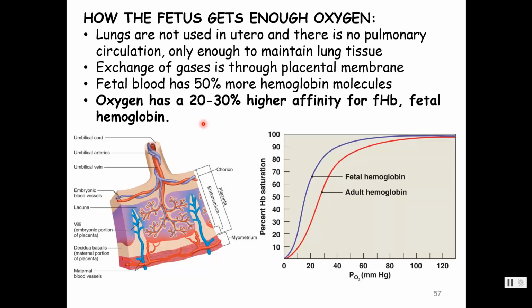Just other things about the placenta. We know that those IgG antibodies can cross the placental membrane. Most drugs can cross the placental membrane as well, and so we'll talk about things that are contraindicated during pregnancy and for breastfeeding.